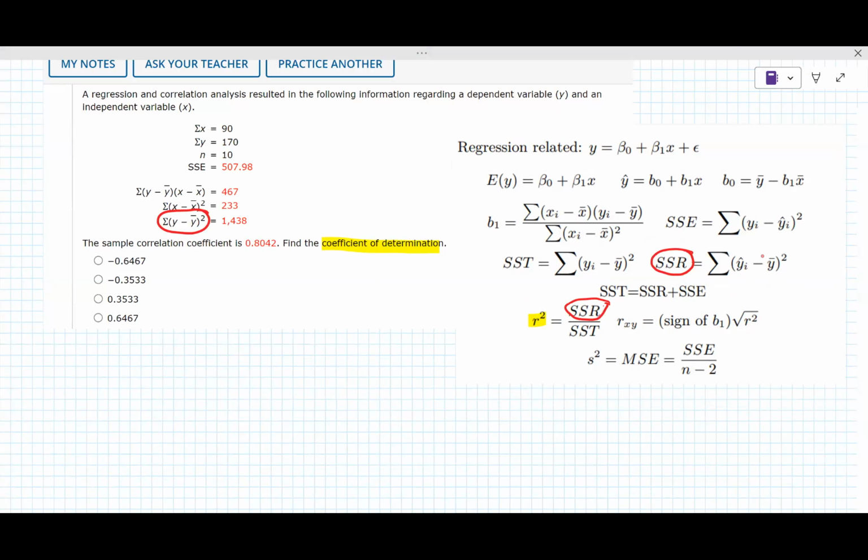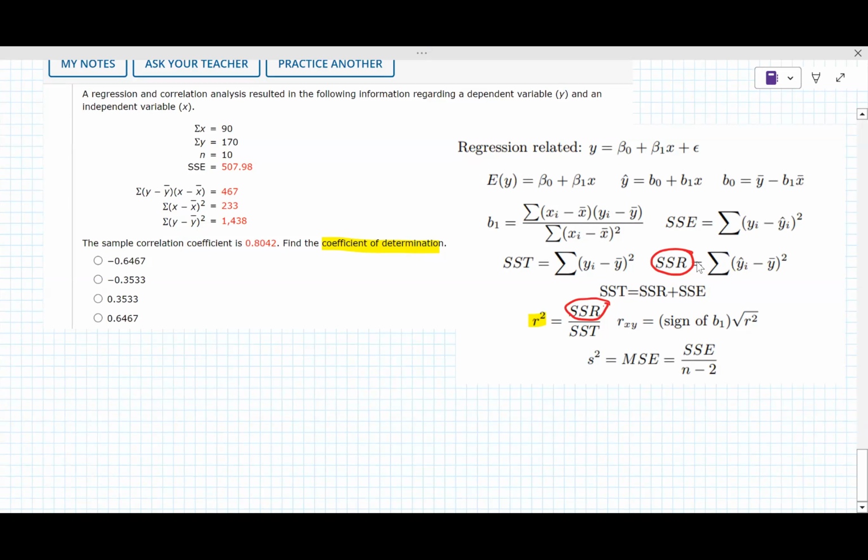Do you do the same thing as the last question and then subtract that answer from 1438? For the last one we were using the B1 formula up here. This one's a little different.